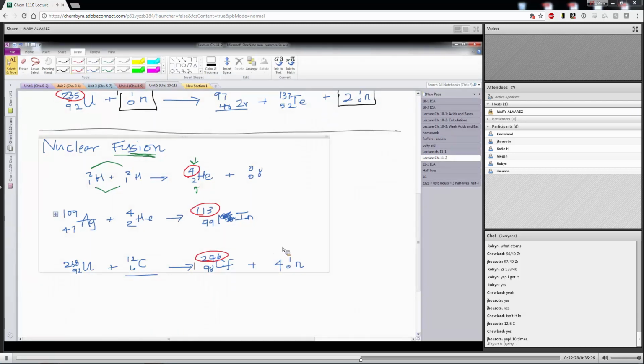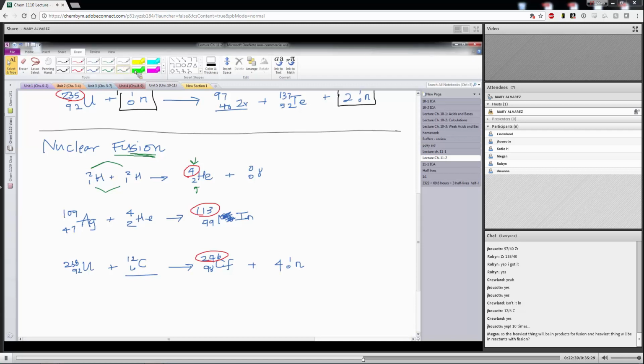Okay. I do see some confusion with that sometimes. Okay. That is actually it. There is also gamma radiation.